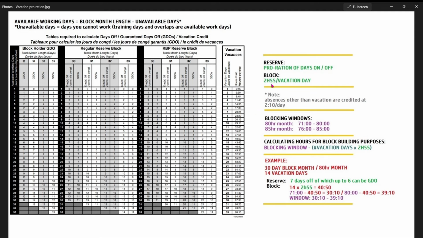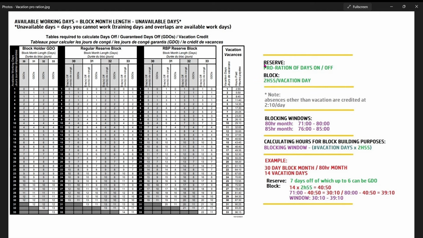Please, if you are calculating your days yourself because you don't have access to this grid, do not use 2.55 times your number of vacation days to determine your credit. 2 hours and 55 minutes is actually just short of an entire 3 hours. So using 2.55, which is closer to 2.5, is not going to give you the correct credit calculation.